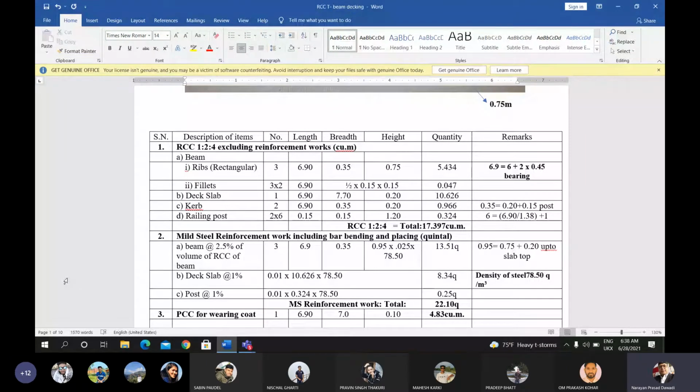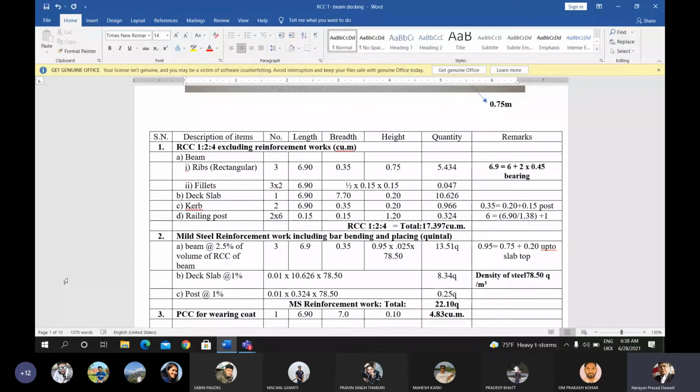The volume of the beam is 3 into 6.9 into 0.35 into 0.95, and 2.5% of this volume is considered for the calculation of the steel reinforcement work. So the 2.5% is converted into decimal as 0.025, multiplied by the density of steel, 78.5 quintal per meter cube. Okay, after multiplying this, you will get the value of 13.51 quintal.